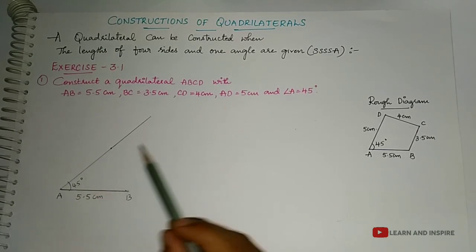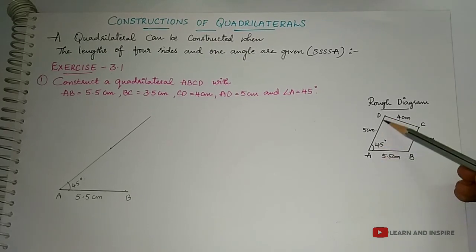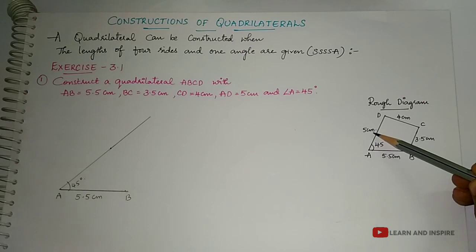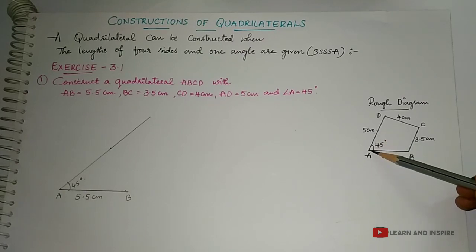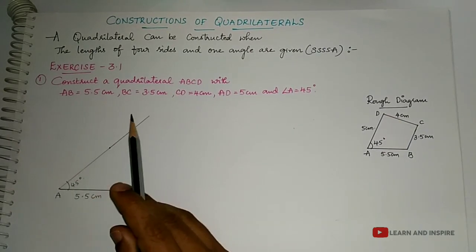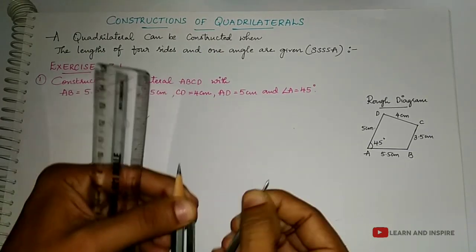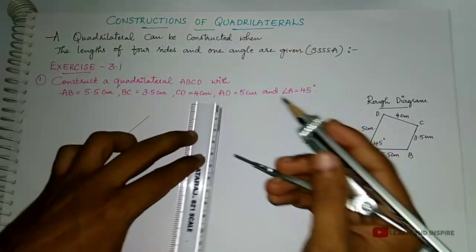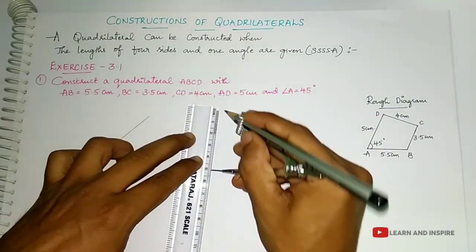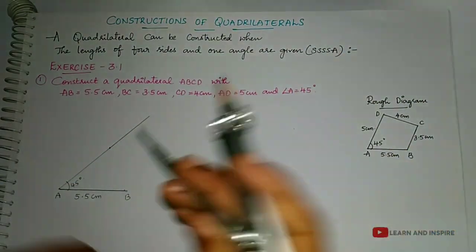Now step number 3. You can see the line segment AD, so we can draw an arc of radius 5 centimeters. With A as center and radius 5 centimeters, we draw an arc and name this point D. With the help of the compass, I take a radius of 5 centimeters.